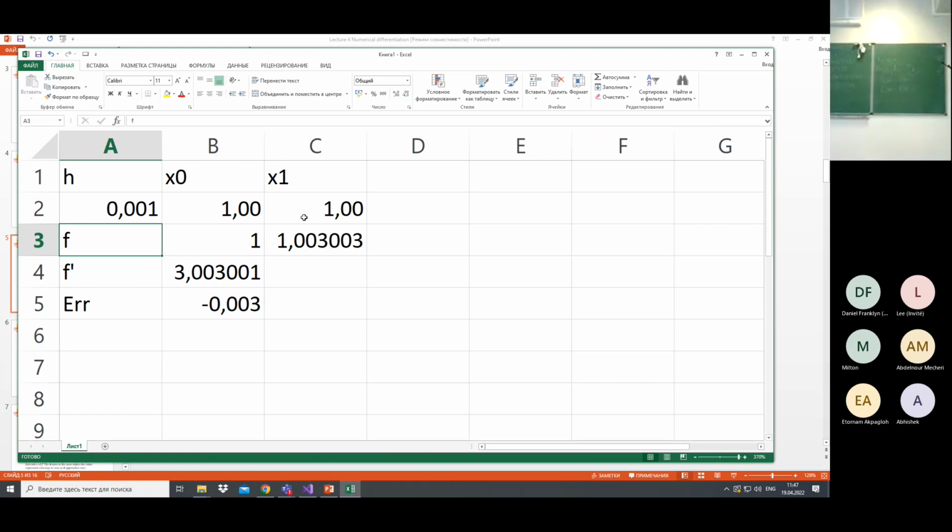When I take smaller h, I get the smaller error. The result becomes more correct. And in this case, you see that I have a rather good approximation to the real value. The real value is 3.